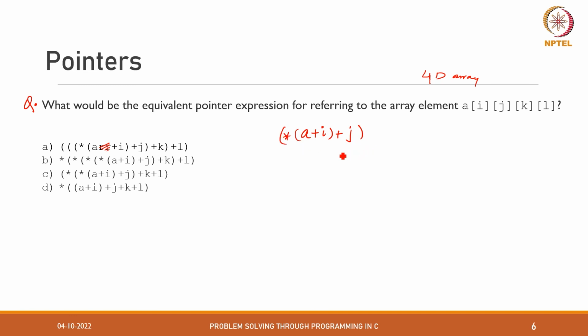That basically means that now it has moved to the jth element in the second dimension, right? Now I add a K here, so that means in the third dimension it is moving to the kth position. Okay, now I'm adding an L here, so that means it is moving to the lth position in the fourth dimension.